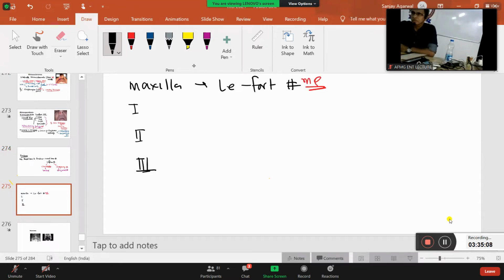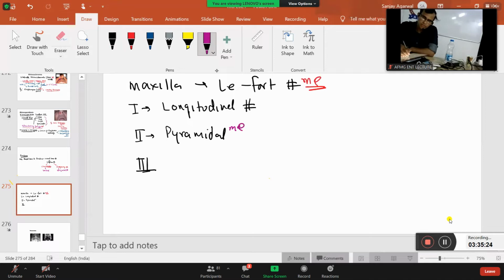Le Fort 1 is also called longitudinal fracture. What is Le Fort 2 also called? Very important MCQ, pyramidal fracture. And Le Fort 3 is called craniofacial disjunction.